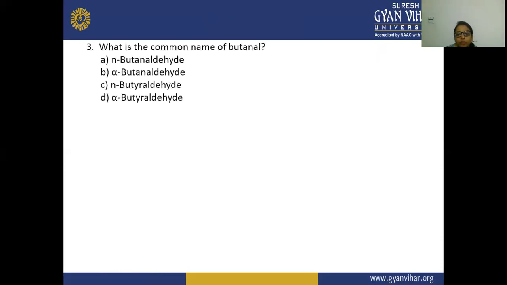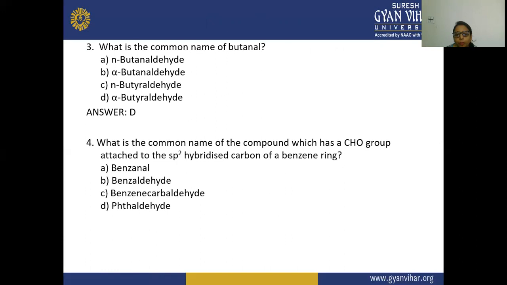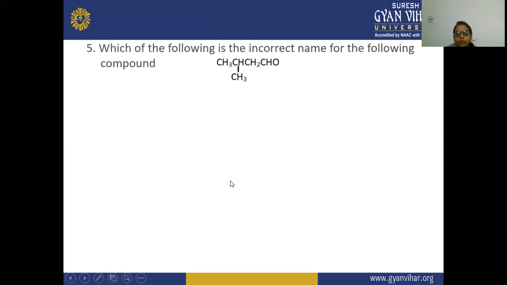Next, what is the common name of butanal? Its name is alpha butyraldehyde. Next, what is the common name of the compound which has a CHO group attached to an sp2 hybridized carbon of a benzene ring? If a CHO group is attached to a benzene ring, then its name is benzaldehyde. Next, which of the following is the incorrect name of the following compound?